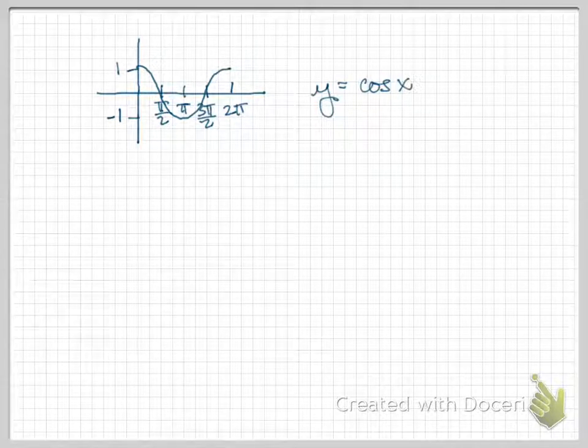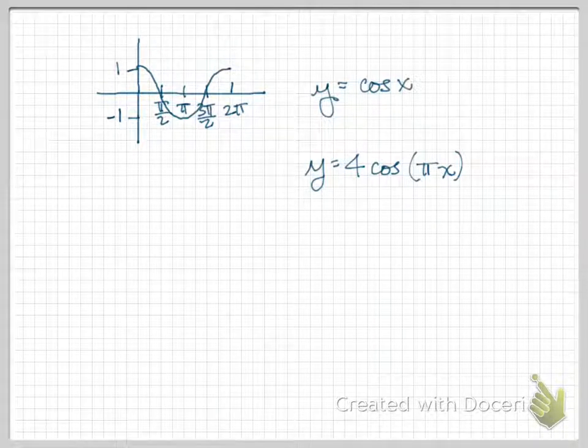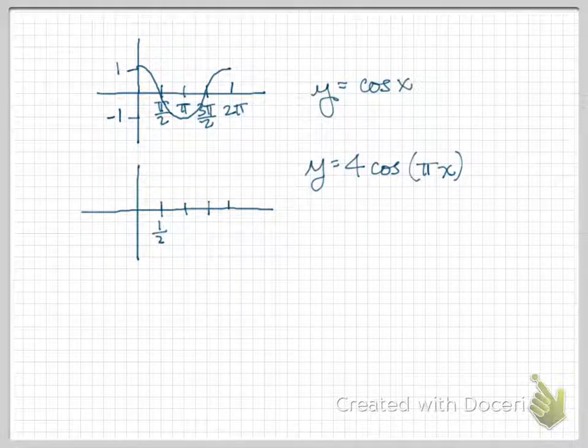Now I'm going to graph. I'm going to take care of that amplitude, which we found was 4, and then pi x. Please keep in mind those 4 key values we just found because we're going to be using them. So let's go ahead and line everything up. The 4 key values are no longer pi over 2, pi, 3 pi over 2, and 2 pi. They are now 1/2, 1, 1.5, and then 2.